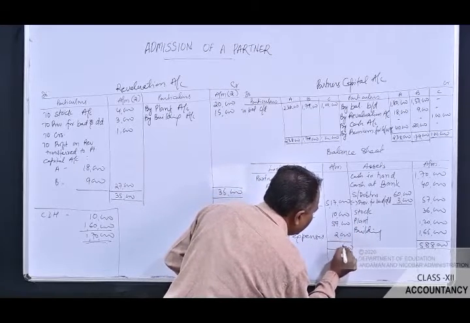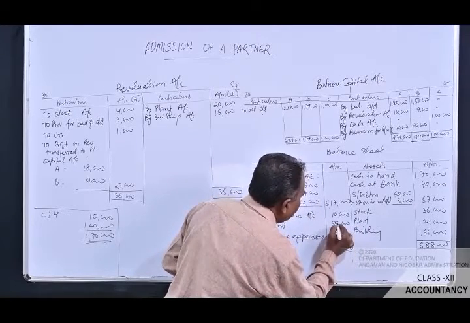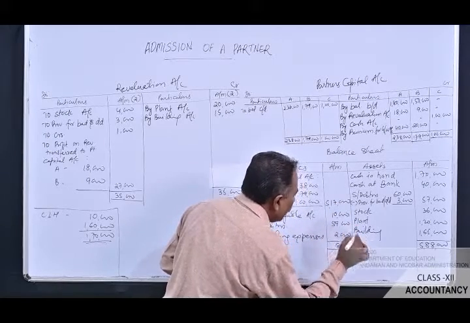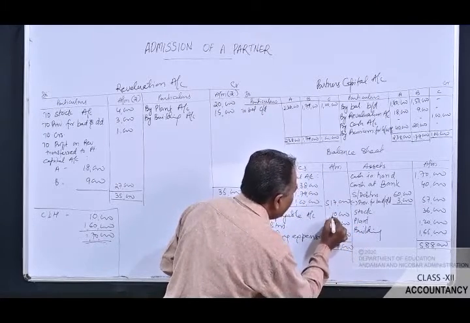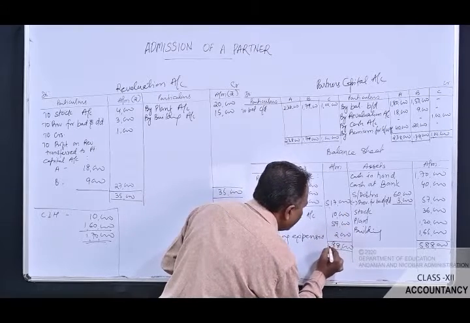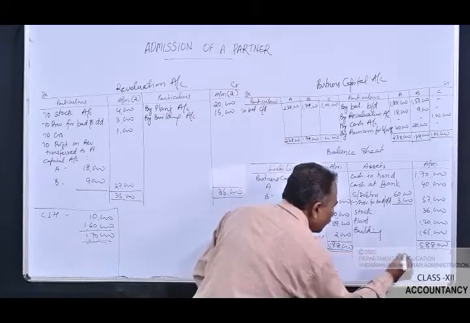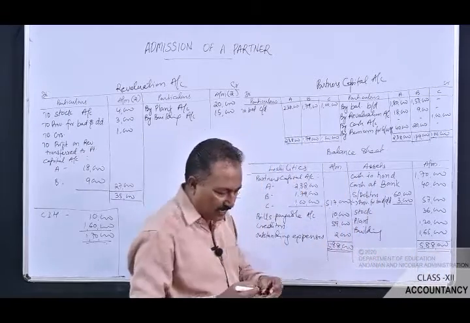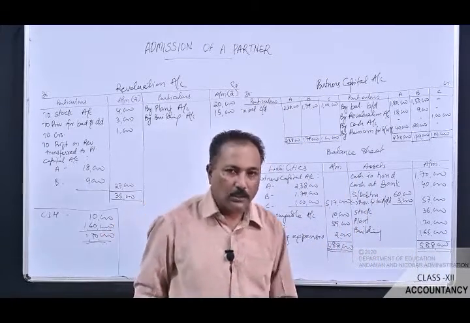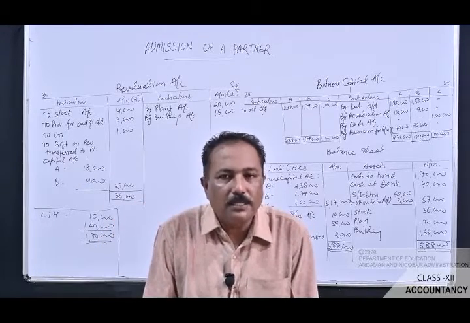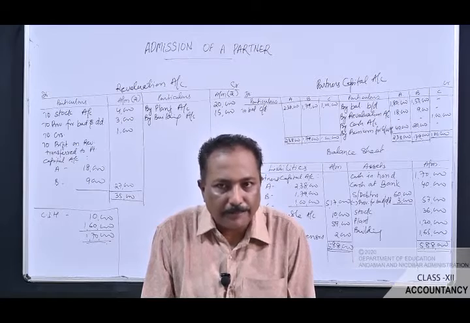So it is calculated here, and the total of both the sides is rupees 5,88,000. So students, we have seen the numerical question of admission of a partner.